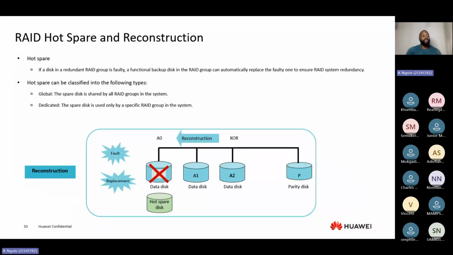Do you now understand? Okay, yeah, that clarifies it. So basically, in this case, for example, we had a problem with A0. A0 has another disk which has the same data as A0. So when this hot spare disk replaces this one, that data is rebuilt on this disk.